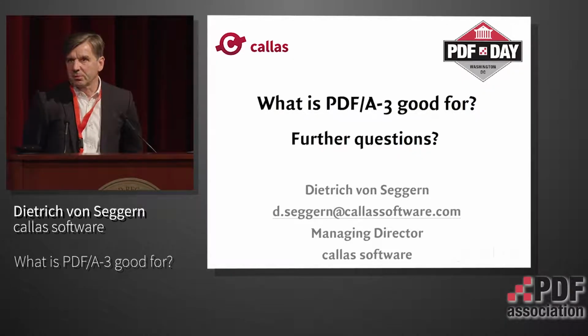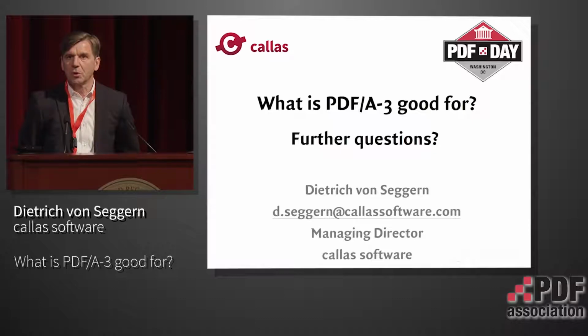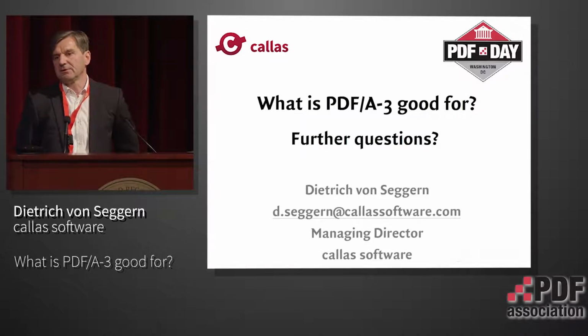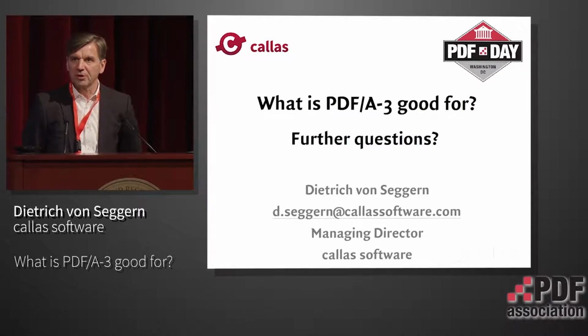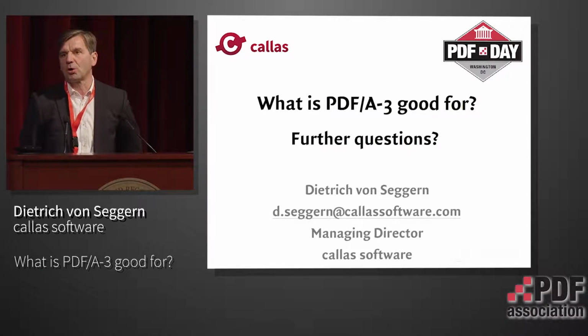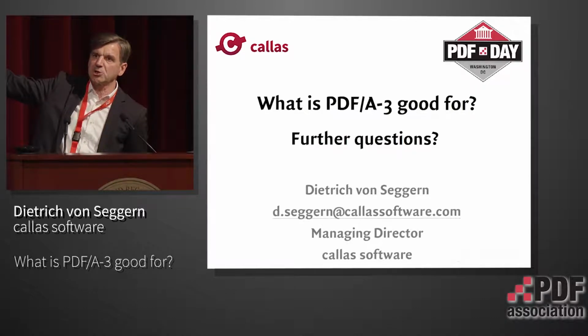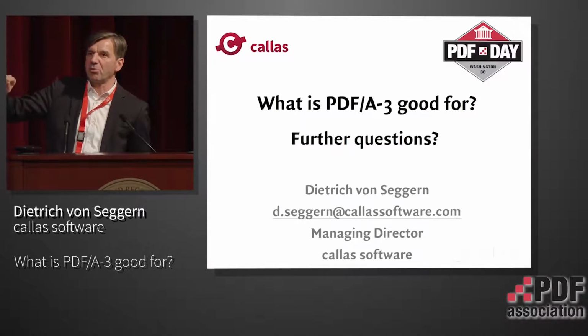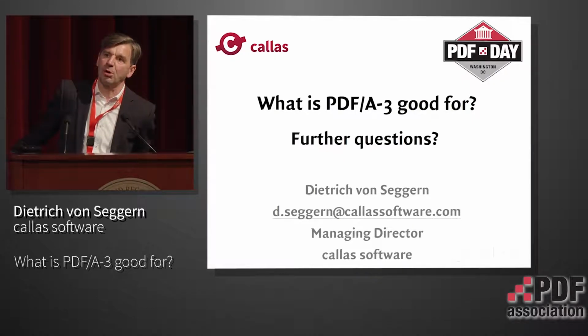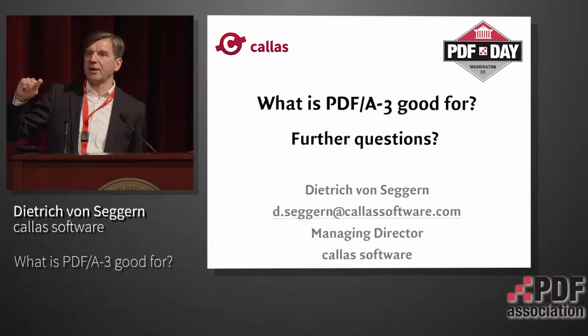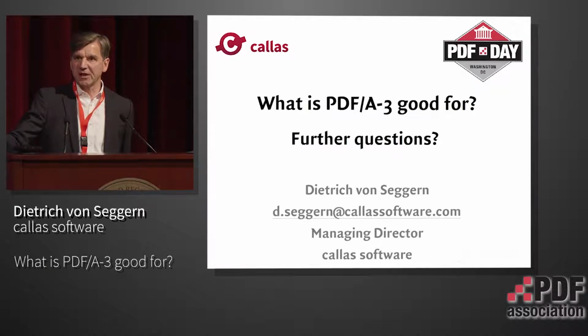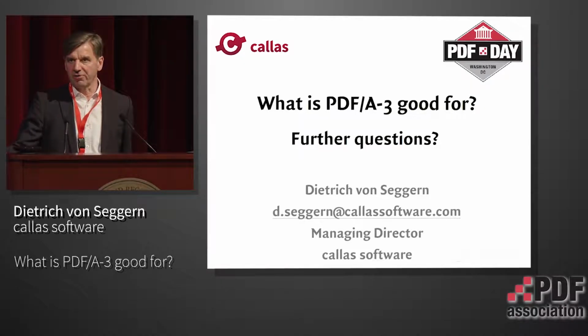Actually, both are possible. Let's take Acrobat as an example. If you install Acrobat, Acrobat will install export plugins into your Office application, and the screenshot that I showed demonstrated that you can set up these export plugins so that they automatically create a PDF A3 file out of your Office file.